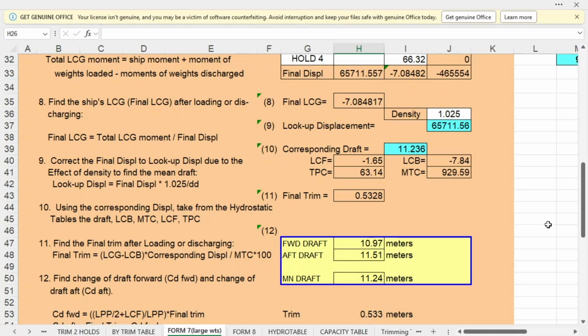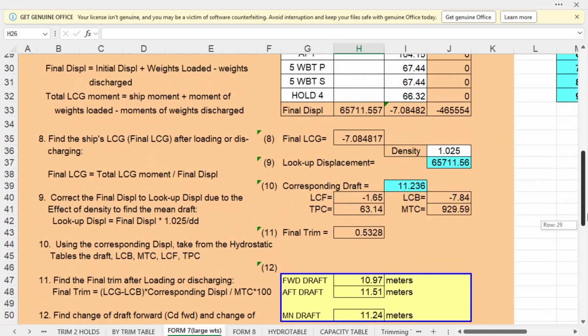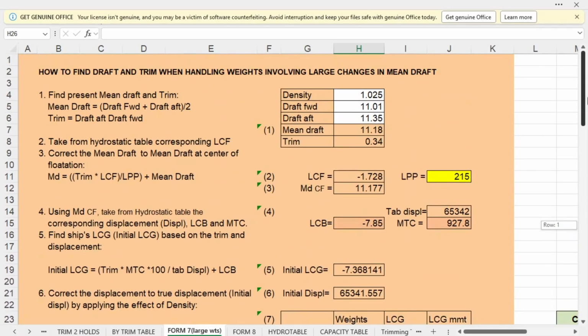So it's the same, guys. It's just to show that the manual computation and this program give the same results. Okay, thank you guys.